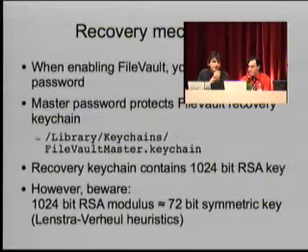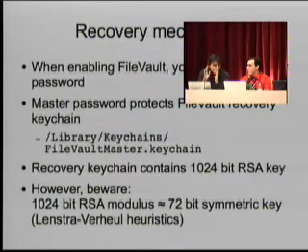Because by having set a master password, you have this 1024-bit key on your drive, which is not encrypted, right? I mean, it's sitting out in the plain text. I should add, File Vault is only protecting your home folder. It's not protecting all of the other folders on your file system. Now, 1024 bits asymmetrically, according to the Lenstra-Verheul heuristic, means 72 bits symmetrically. That's not a lot. Usually, these days, you should have at least 80.